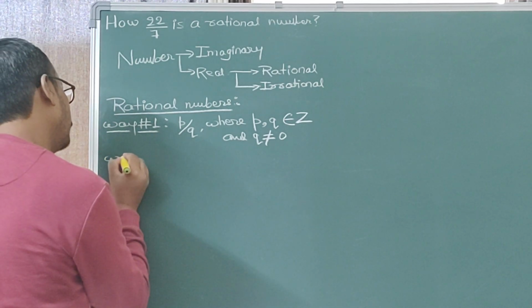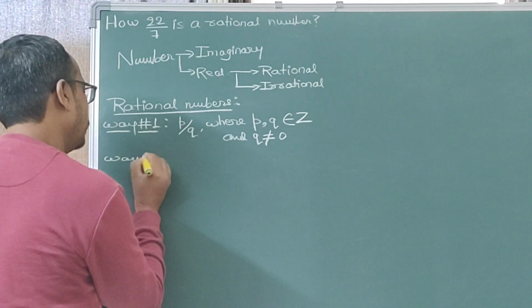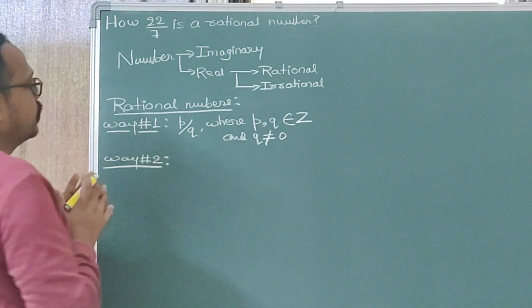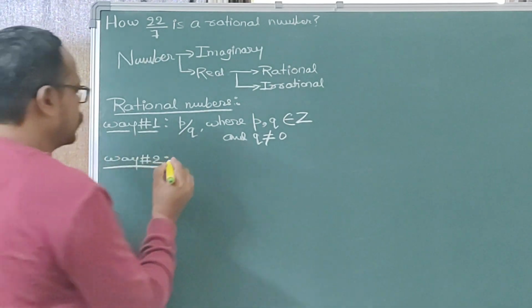What is way two? Way two differentiates rational and irrational numbers in terms of their decimal expansion.